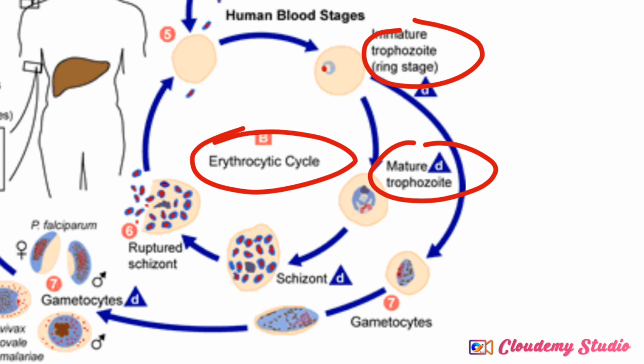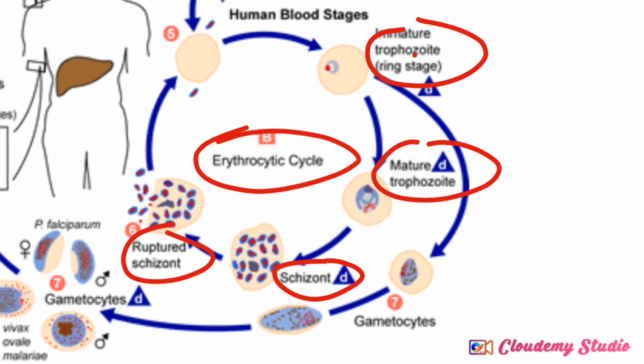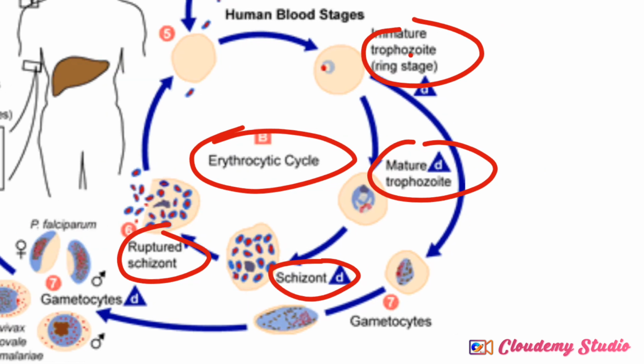Now, we now have two destinies. After developing into immature trophozoite, it's either it develops back into schizonts, ruptures the schizonts and releases it into the bloodstream, and it starts again. Or the mature trophozoite develops into gametocytes. So into gametocytes.